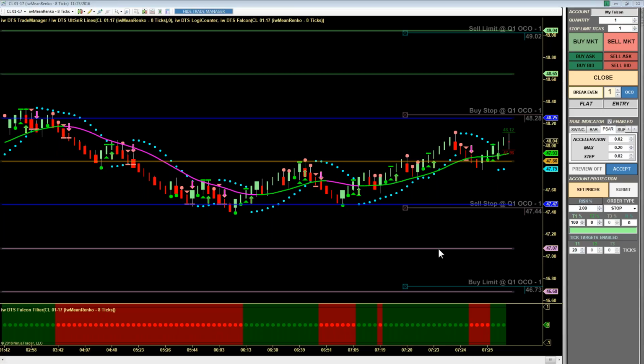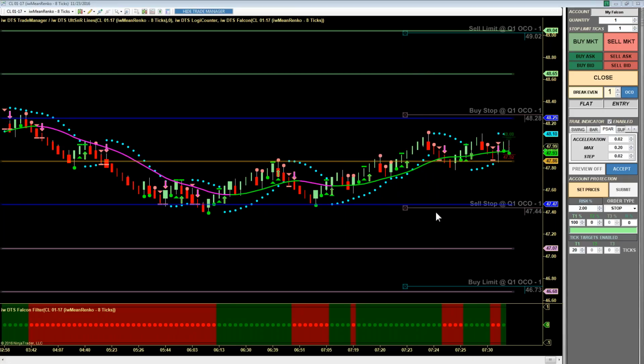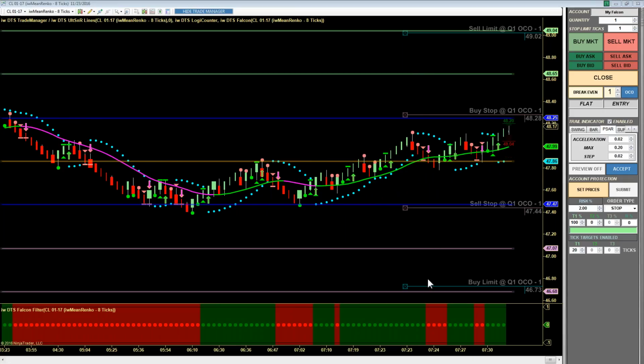I might have done this wrong. I should have set another OCO for my sell orders. Your OCO functions are all linked together, which means if I cancel the one, the others will automatically cancel.